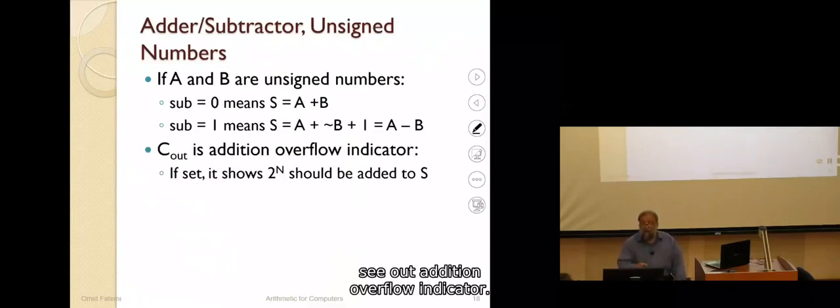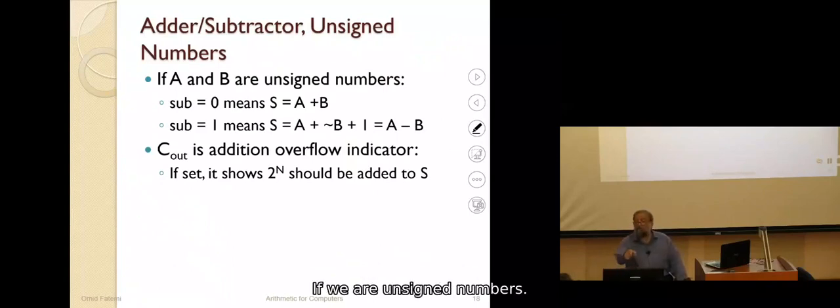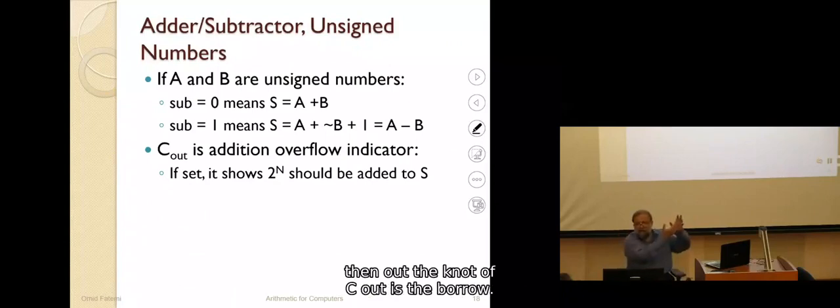Okay, C out is the addition overflow indicator if we have unsigned numbers. If you are adding two unsigned numbers, the carry out from the last stage is the indication of the overflow, the carry.